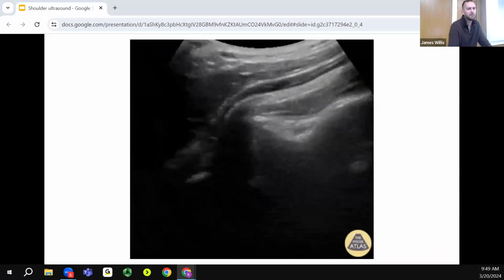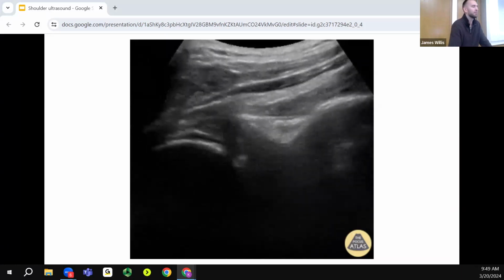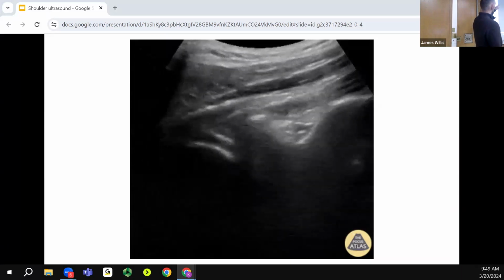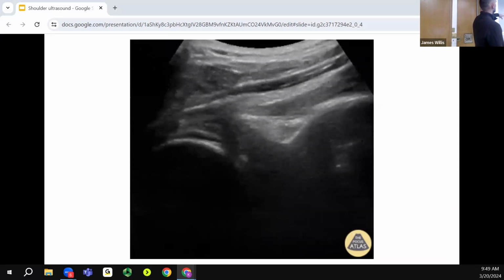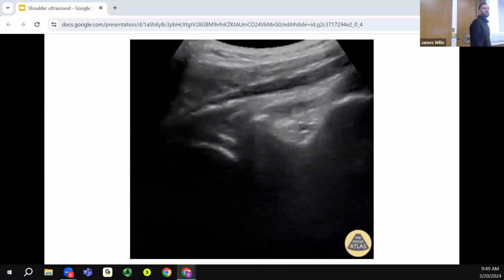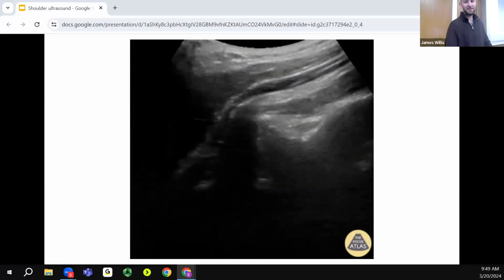Same thing again. I think this was a reduction attempt, but we can call it subluxation too. You see the humeral head anteriorly dislocate from the scapular spine in the fossa. Cool. Who did that? Thanks, JFK.